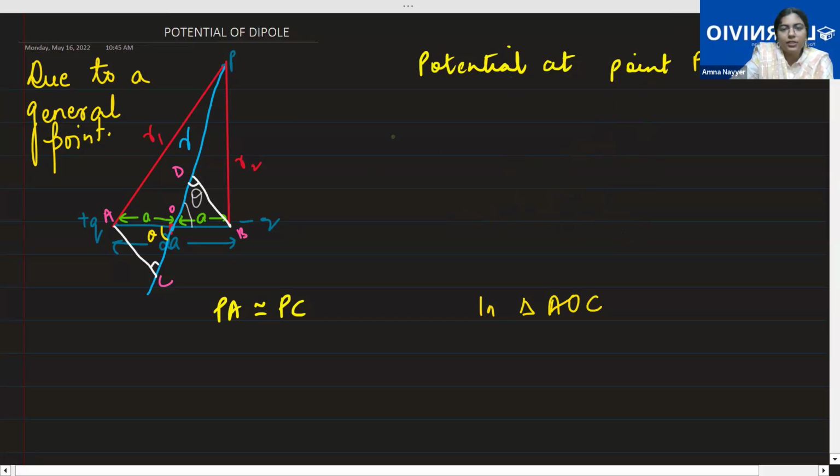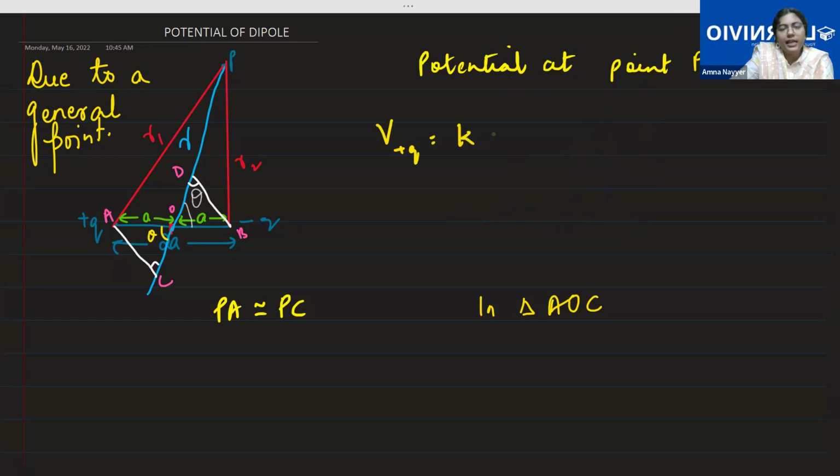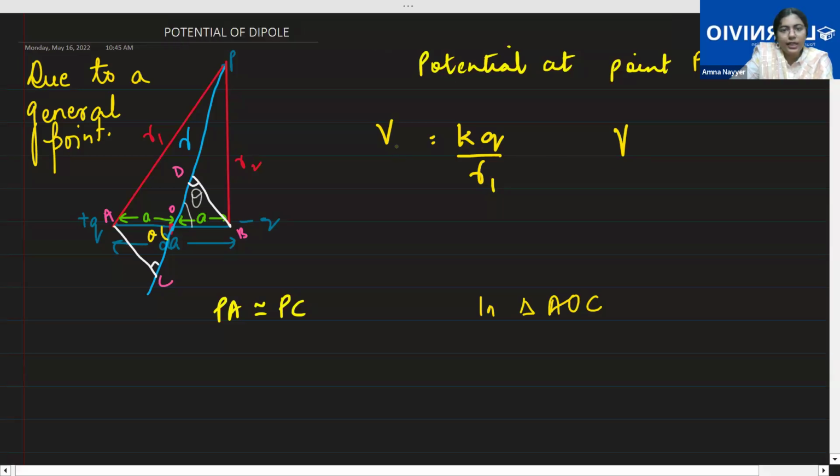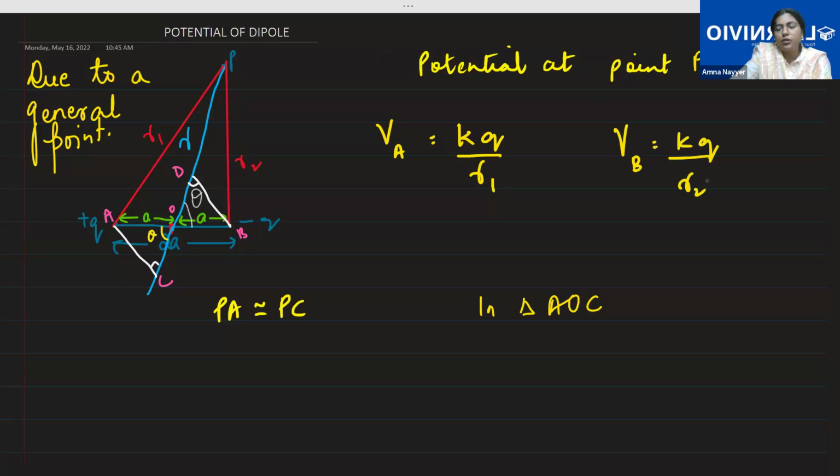So let me write down the potential first. Potential due to the positive charge will be kq by R1. Potential due to the negative charge, I'll write as A and B. VA will be kq by R1, VB will be kq by R2. So what will the net potential be, class?